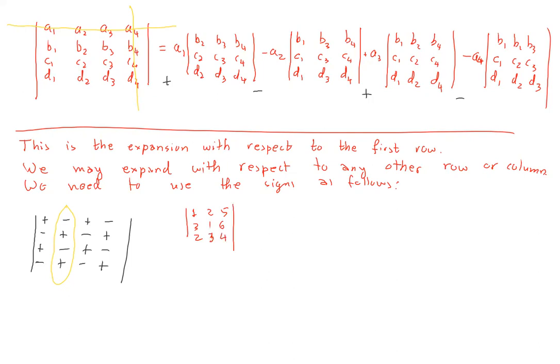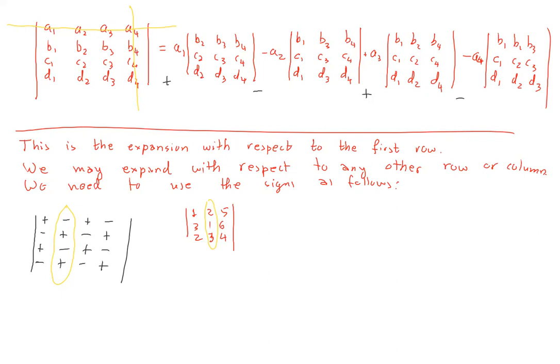So let's say that somebody asks us to compute this determinant, and we decide to compute it with respect to the second column. So what does that mean? That means that I'm going to take each entry from the second column. I'm going to put in front of it the corresponding sign. So the signs here, think about it this way.